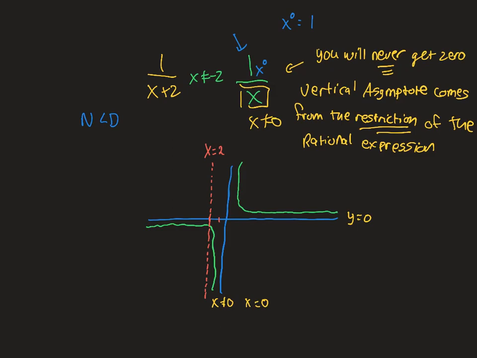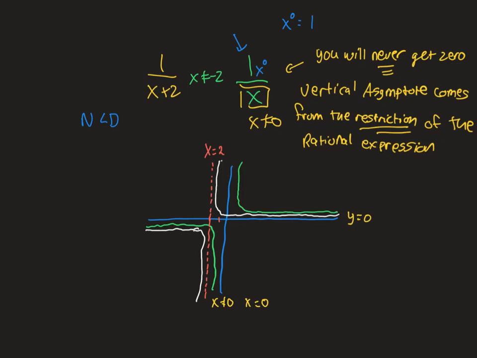Let me put this in white. So I can't touch negative 2, can't touch 0, so it's going to look like this. Can't touch negative 2, can't touch 0. So that would be how 1 over x plus 2 looks.